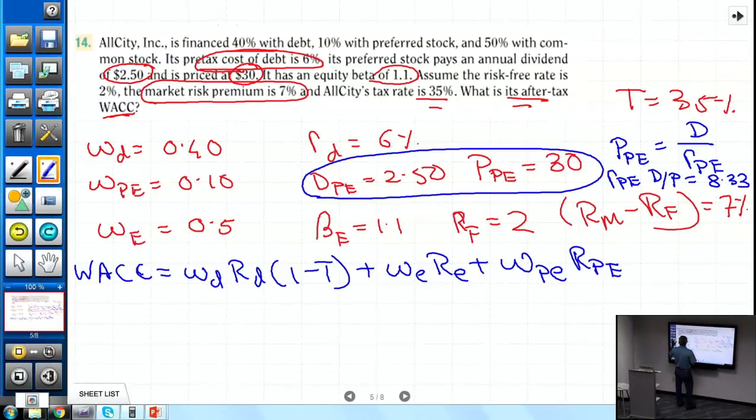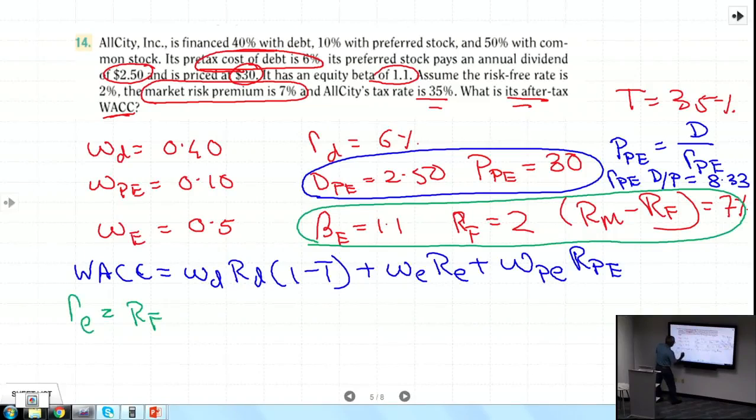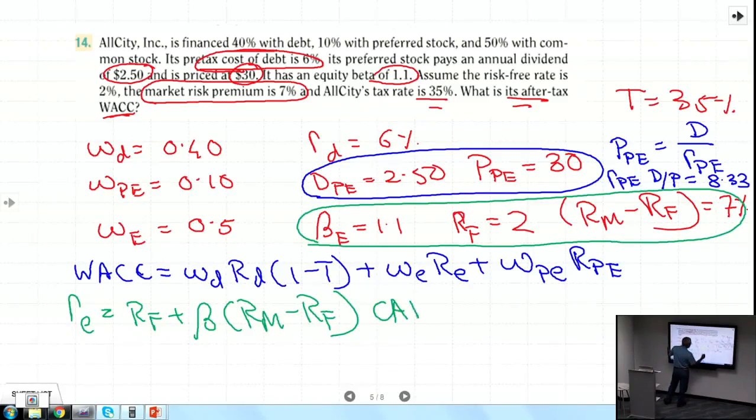Now from this information over here, we will have to calculate RE. RE would be RF plus beta times RM minus RF. Essentially, we are applying the CAPM model.